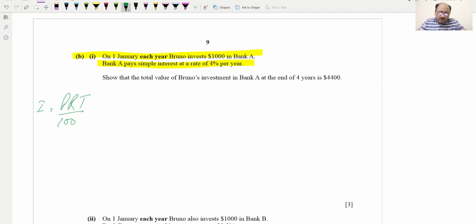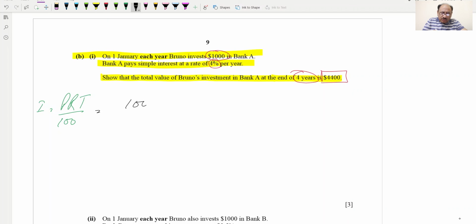This will be the formula which we will be applying, and we show that the total value of Bruno's investment in Bank A at the end of 4 years is this much. We have the P value, R value and T value, and we have to prove that this is the final amount.